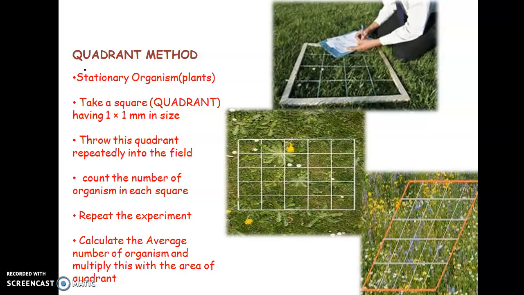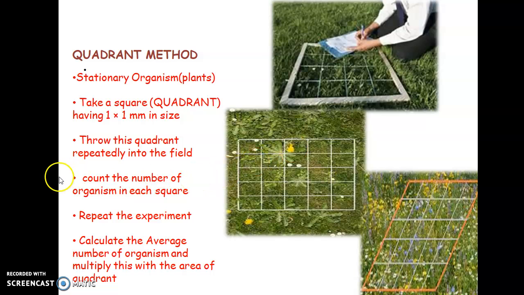Okay. This is called the quadrant method. Whenever the first row is over, we again repeatedly throw this quadrant into the field for the second time, and we repeat the experiment more and more times, and we calculate the average number of organisms in that particular area by this method.